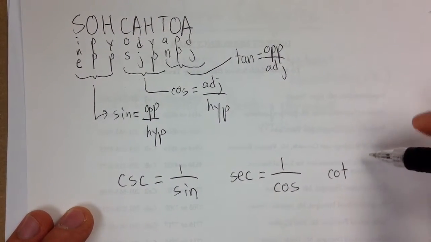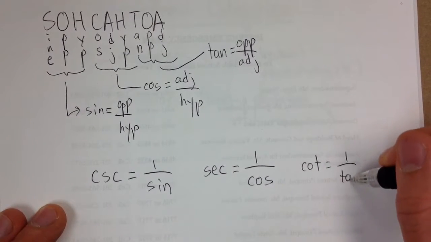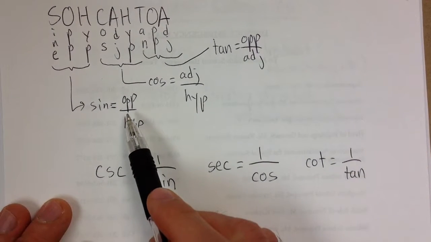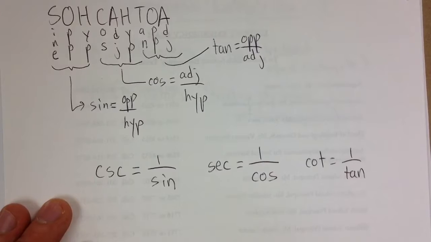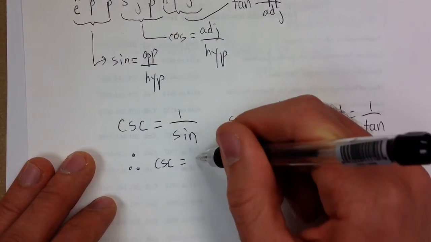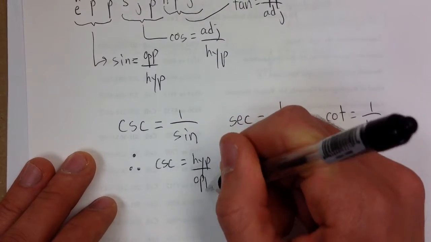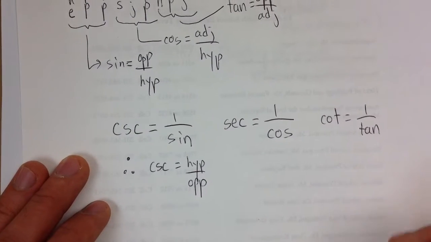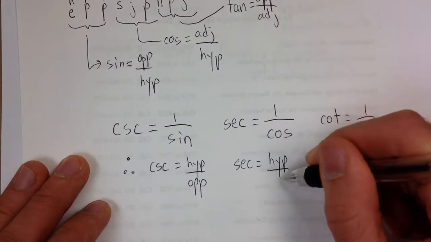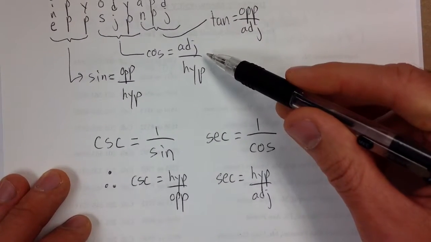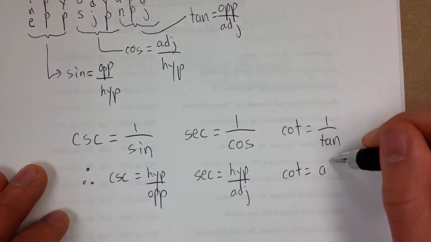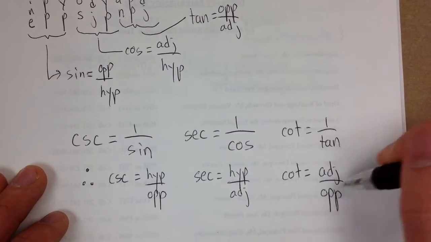And cotangent is tangent's reciprocal. So if you know sine, just flip it and you get cosecant. Therefore, cosecant equals hypotenuse over opposite. I just flipped sine. And secant equals hypotenuse over adjacent. I just flipped cosine's fraction. And lastly, cotan is adjacent over opposite by flipping tan's fraction.